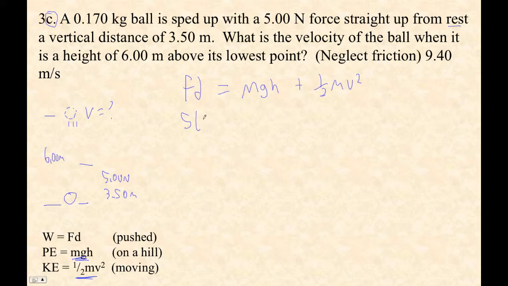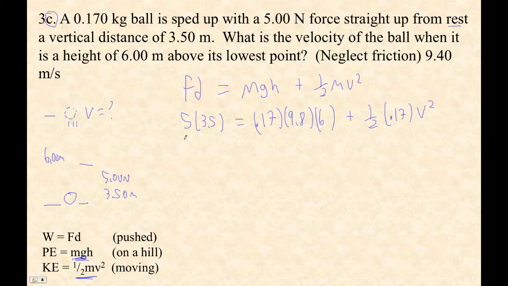So 5 times 3.5 equals 0.17 times 9.8 times 6, which is the height that we're supposed to look at, plus 1/2 times 0.17 times v squared, because we're trying to find the v. So we leave that there.